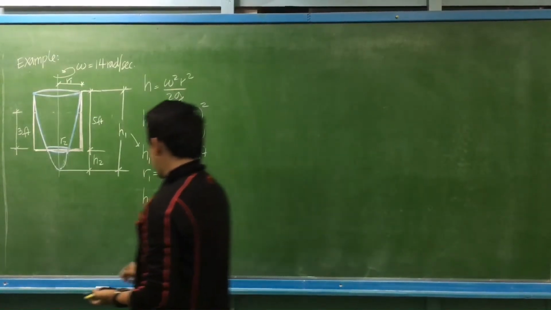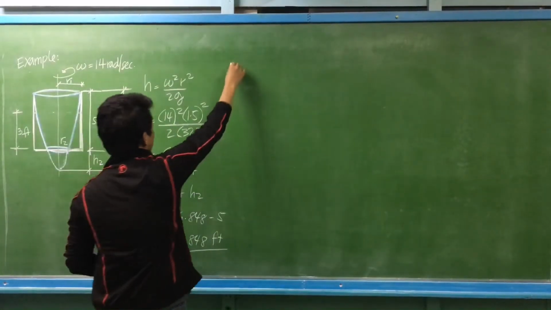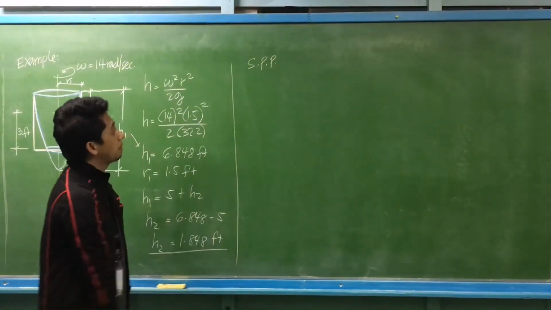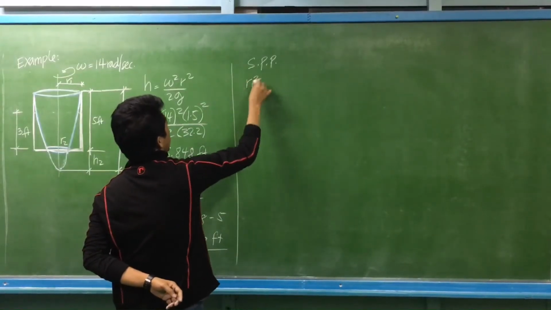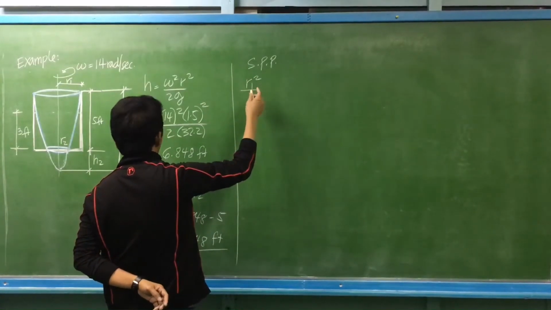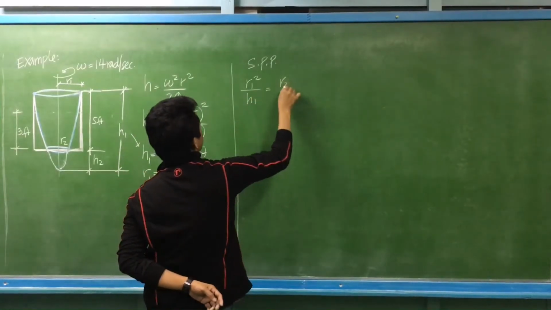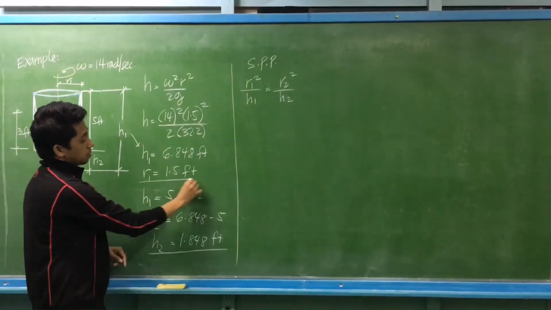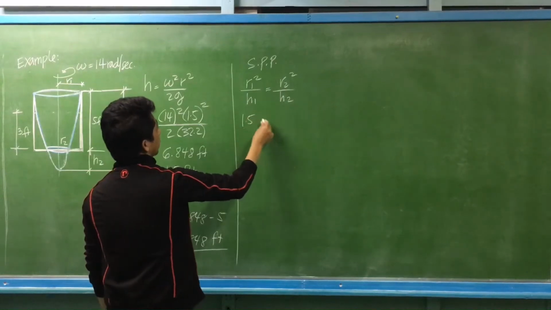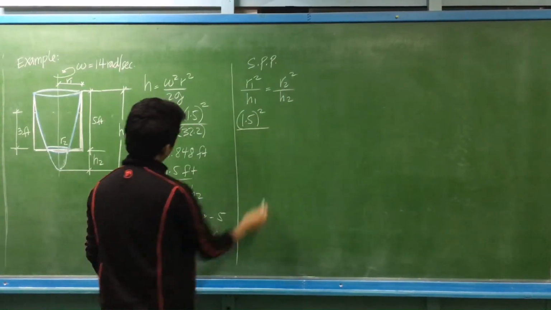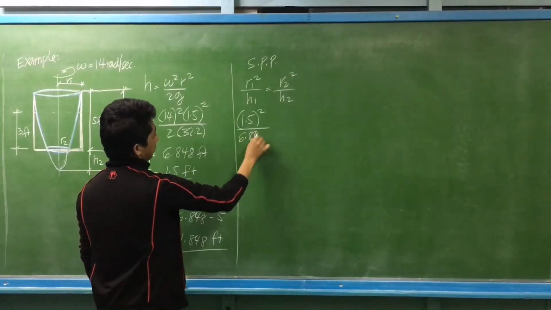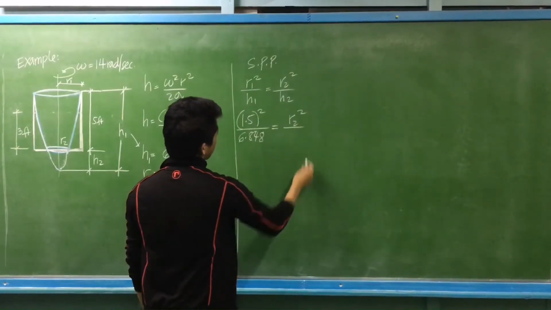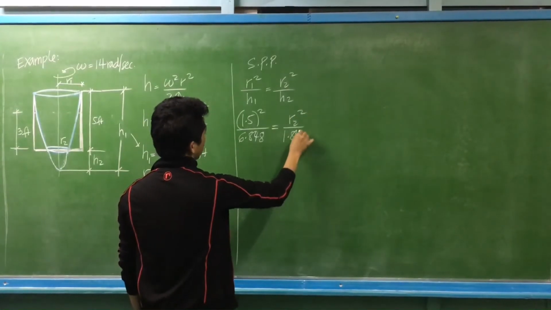For the imaginary paraboloid, again, we are using the squared property of parabola. So we have R1 squared over H1 is equal to R2 squared over H2. We have radius number 1, the radius of the tank, 1.5, squared, corresponds to a height of 6.848, is equal to radius number 2, that is unknown, R2 squared, over H2, which is 1.848.